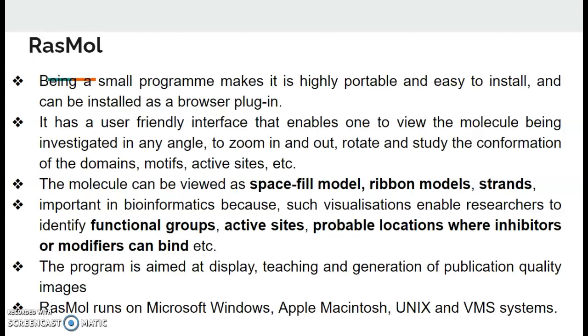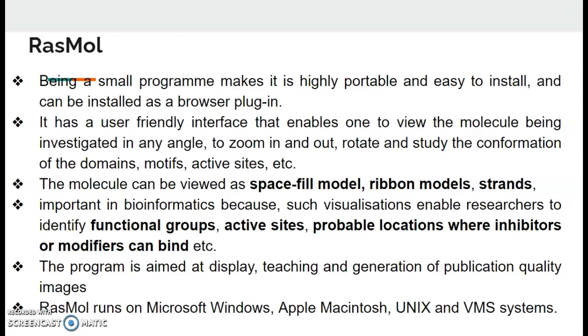And as I said earlier, it can be viewed in different forms like spacefill models, ribbon models, strands models, etc. So RasMol has its own significance in the field of bioinformatics for visualizing functional groups, to understand the active sites, and to know about the probable location where the inhibitors or the modifiers normally bind on the protein. All these can be understood using this model.